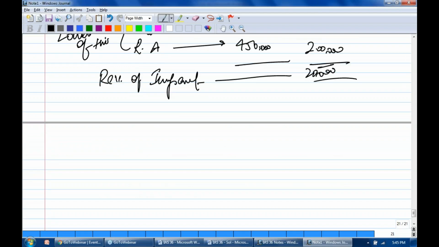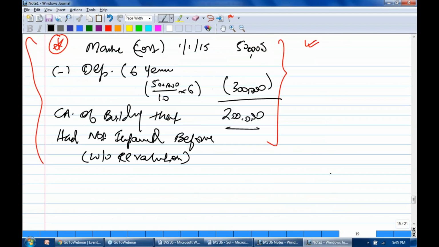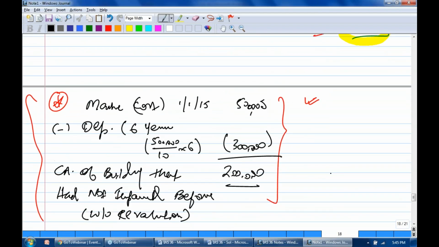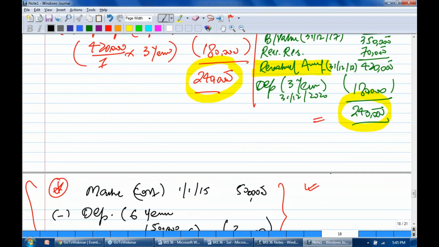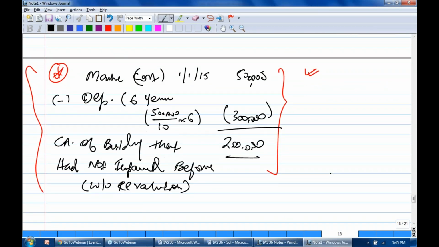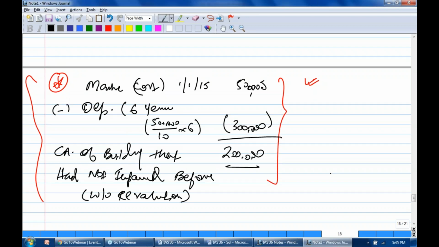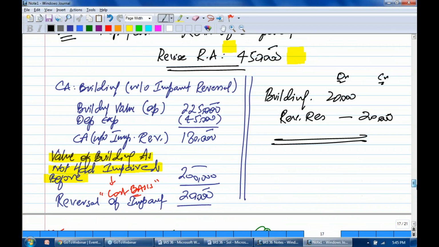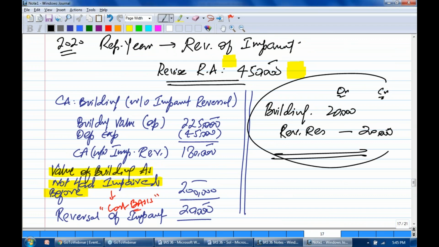But the important point is that this 20,000 will be adjusted according to the revaluation reserve. Because originally we adjusted the revaluation reserve, now the reversal goes to the extent of the revaluation reserve, up to 70,000.